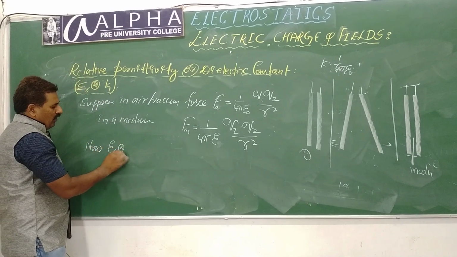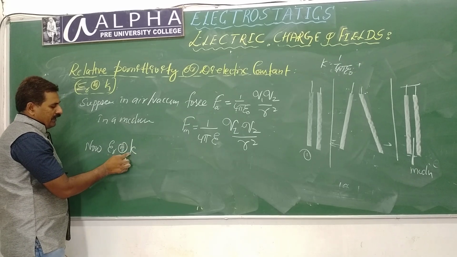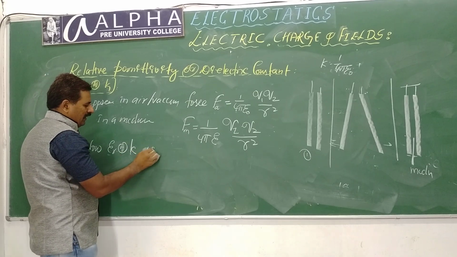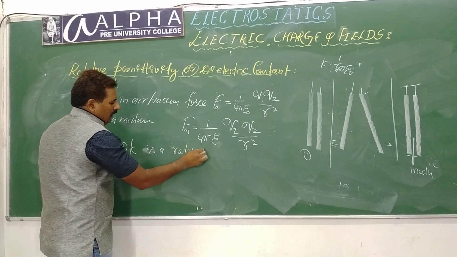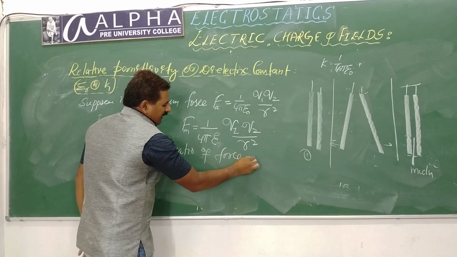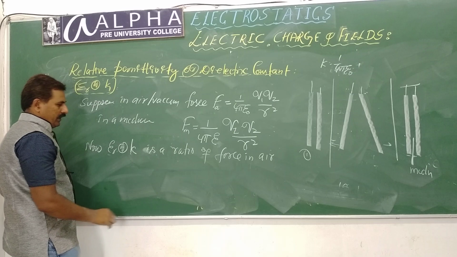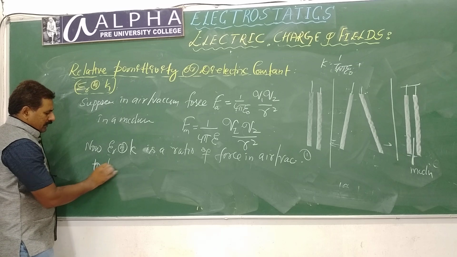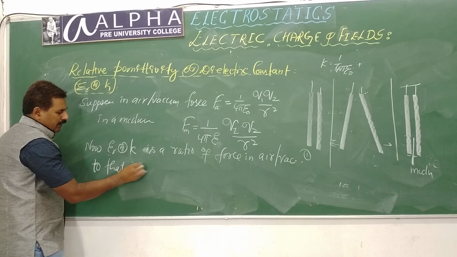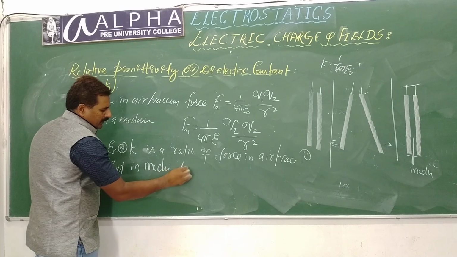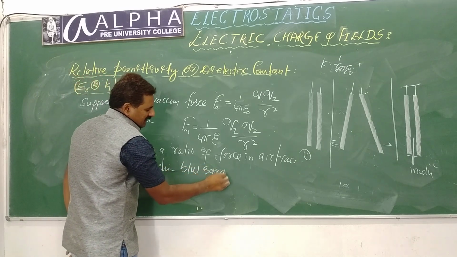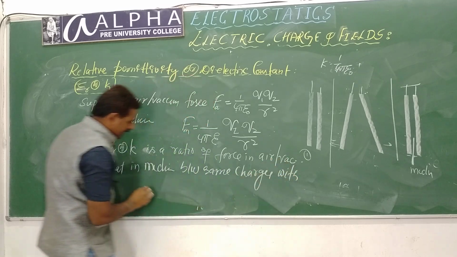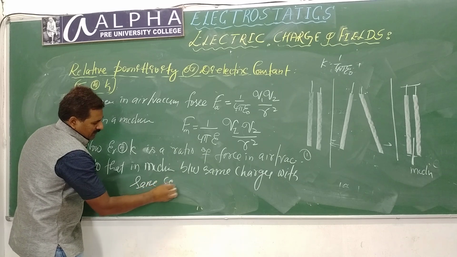Epsilon r or k. If I use epsilon r or k, how do you read? Relative permittivity or ratio. Ratio of force in air or vacuum, short form, to that force in medium, between same two charges with same separation, short form.